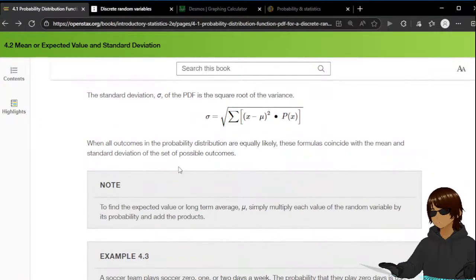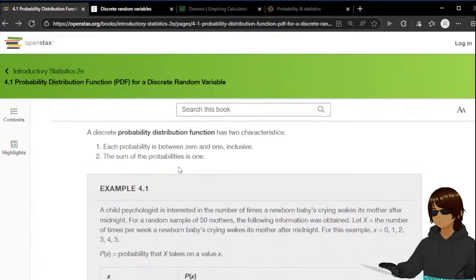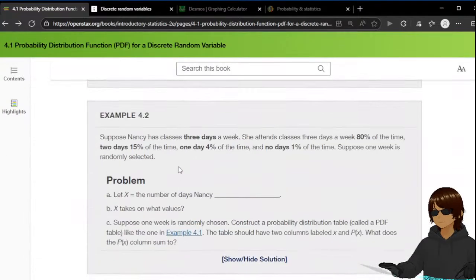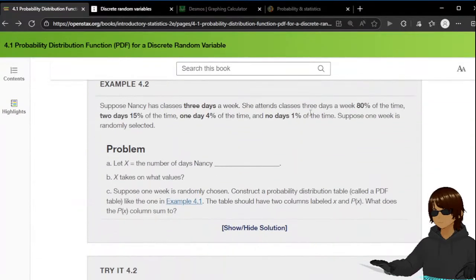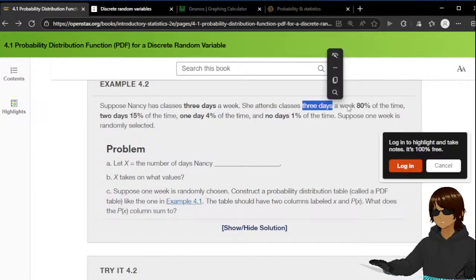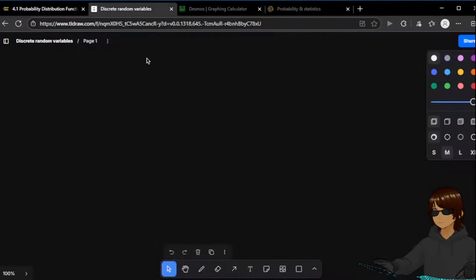So going back to the previous one, 80% of the time she will attend. So 3 days, 80% of the time.